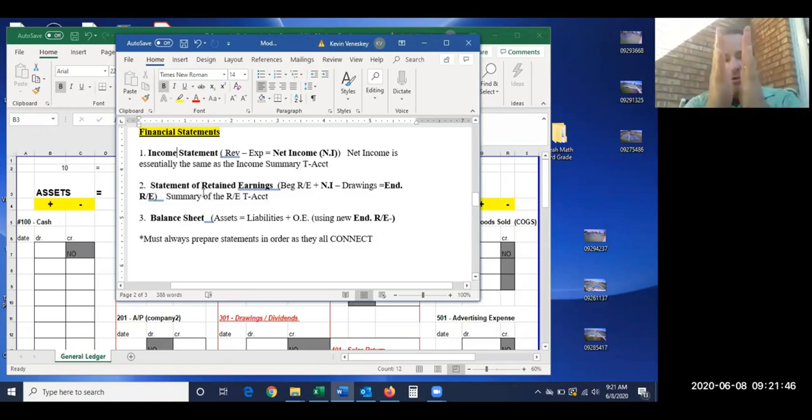The statement of retained earnings is the combining of the two, and that involves those owner's equity accounts. And then the balance sheet is everything on the left-hand side, assets and liabilities, and then your owner's equity and your ending retained earnings. This guy here, ending retained earnings, flows into your balance sheet.